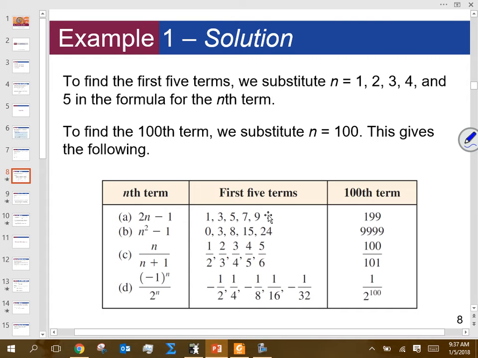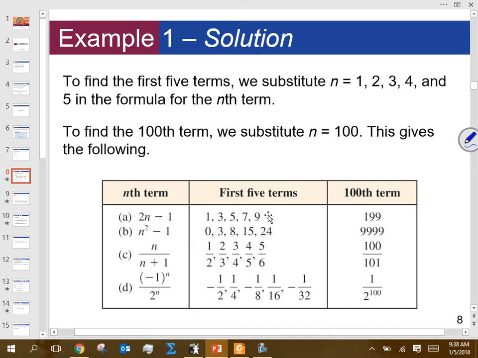But look at these next two. I got 1/2, and then I go to 2/3, 3/4, 4/5, 5/6, and then I go all the way up to 100 over 101. And if n is, let's say, 1,000, I have 1,000 over 1,001. Are those numbers getting closer and closer to something?